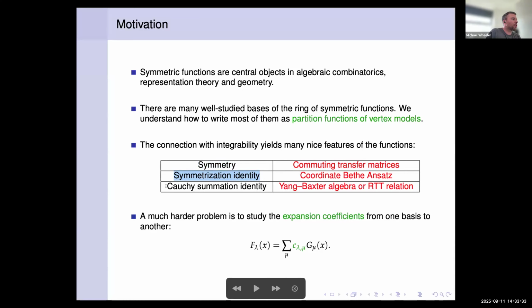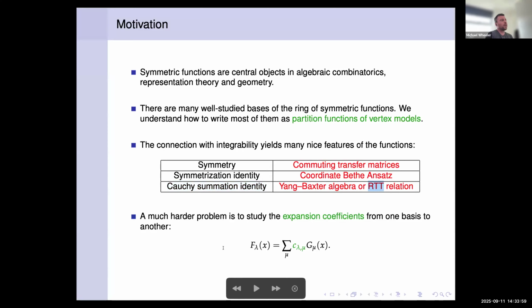At a slightly more sophisticated level, one of the things that people also care about are the Cauchy summation identities in the theory of symmetric functions. One way to prove those is essentially to use the Yang-Baxter algebra, or as it's sometimes referred to, the RTT relation. So this is a picture that has been very well developed for many years.